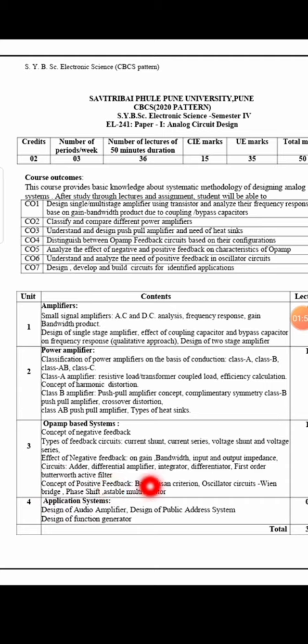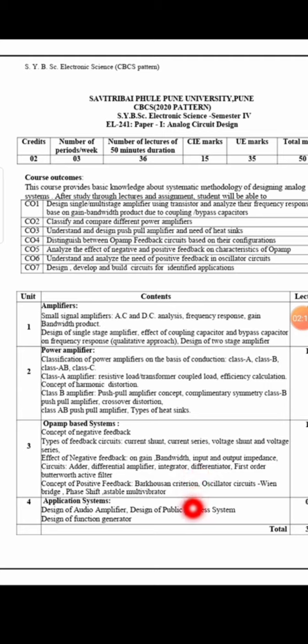Next topic is concept of positive feedback. In this we are going to study Barkhausen criterion, then oscillator circuits, that is Wien bridge oscillator, phase shift oscillator and astable multivibrator. So in chapter 3 we are going to study negative feedback based circuit, that is operational amplifier, and positive feedback circuit, that is oscillator.